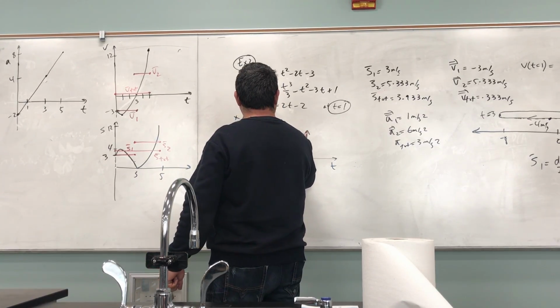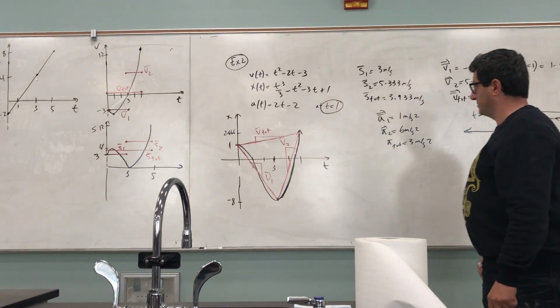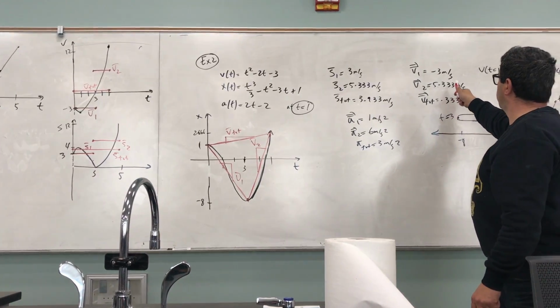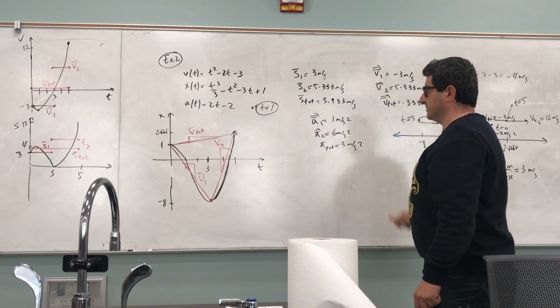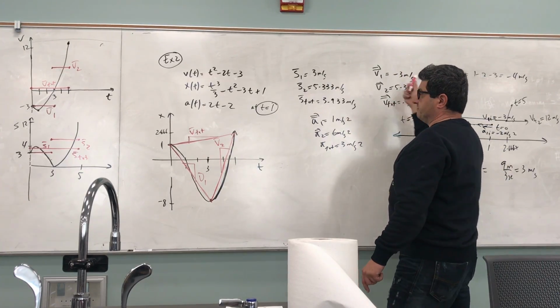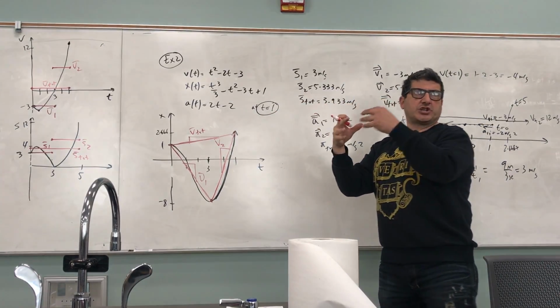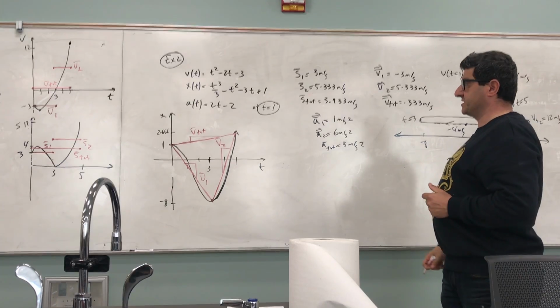The average total. So V average, that's negative, positive, and then very slight positive. See? So these numbers together with the graphs help each other check out to see if it makes sense.